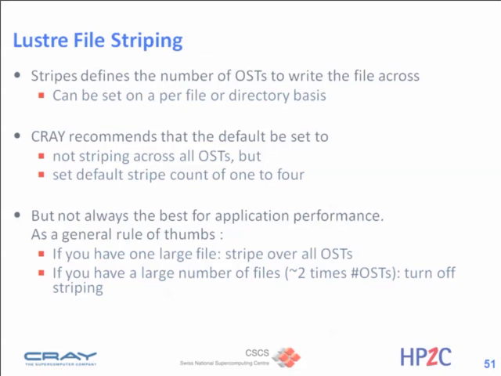To do this, you should try to understand what file striping means. It means that you can control how files are mapped to OSTs, how files are mapped to disk, basically.